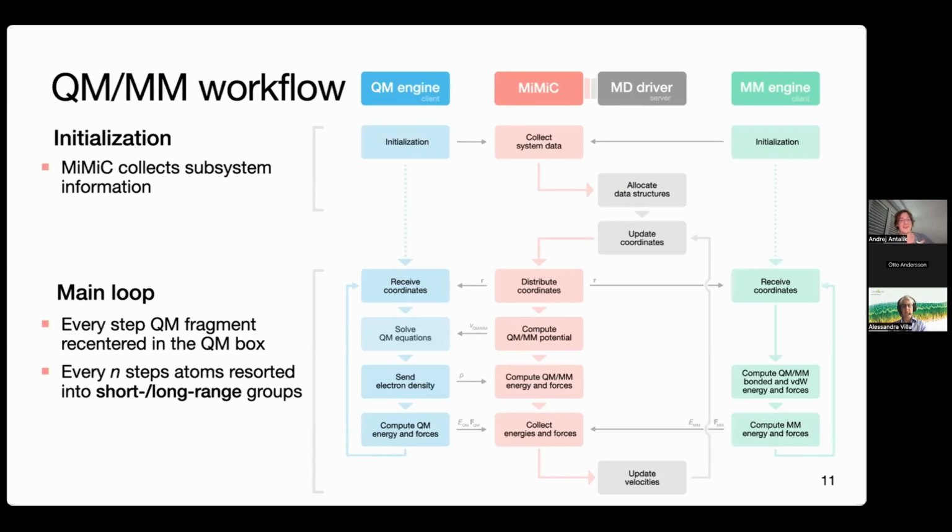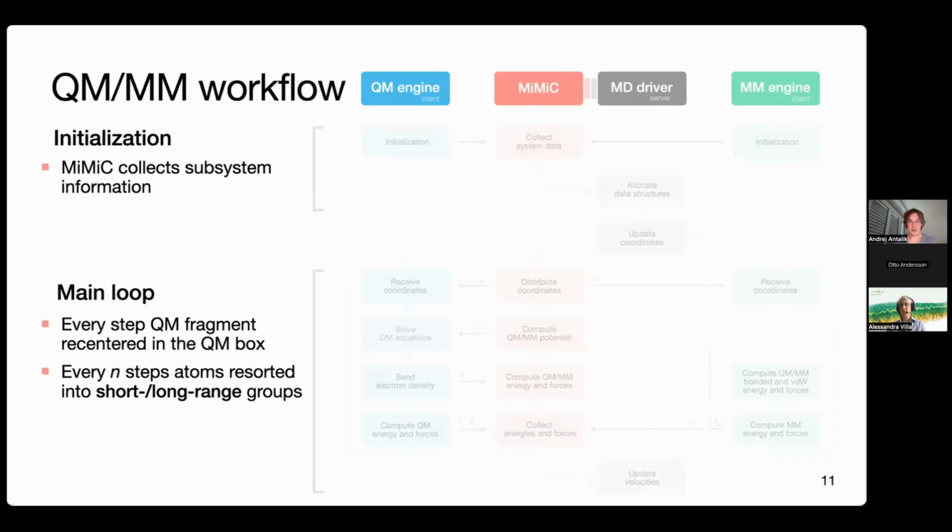So since MiMiC involves juggling data between multiple different programs, I think it's now useful to describe a little bit how the workflow goes. Let's have a look at the workflow of the electrostatic embedding as implemented in MiMiC. First, when you launch, MiMiC has no prior information about the individual subsystems because it's coupled to the MD driver.